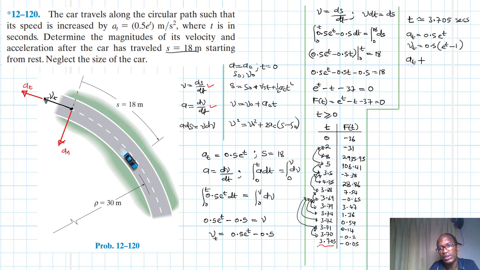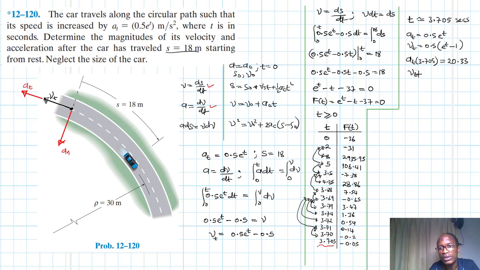Alright, so let's find this. Therefore our a_t at 3.705 will give us 0.5 times e to the power 3.705. This gives us 20.33.